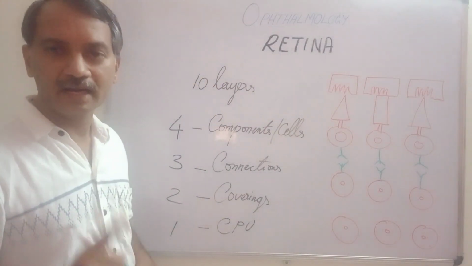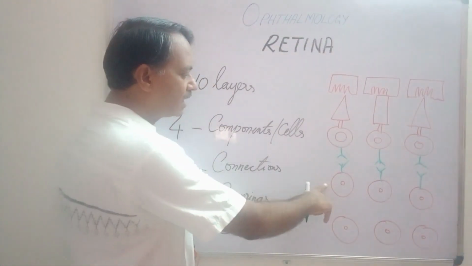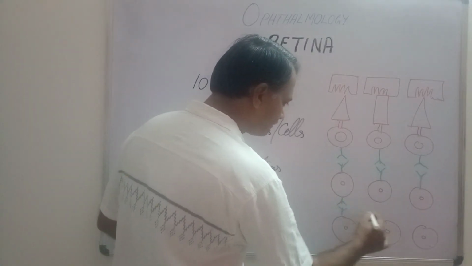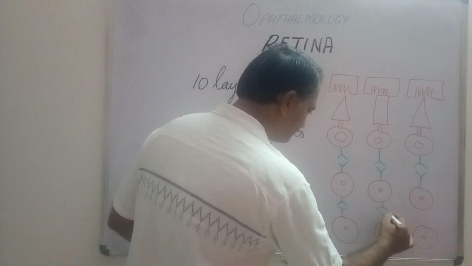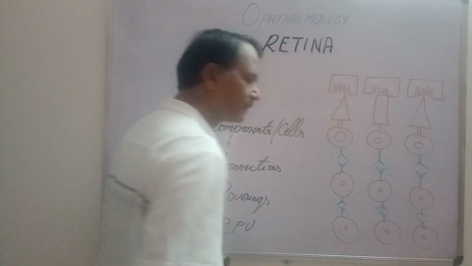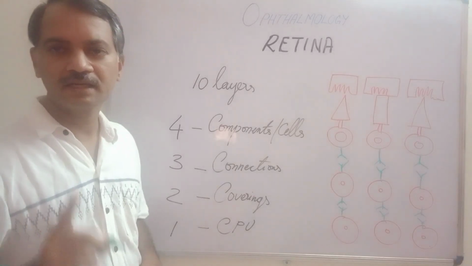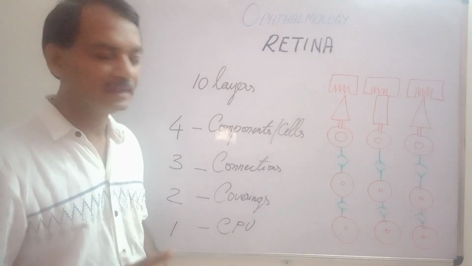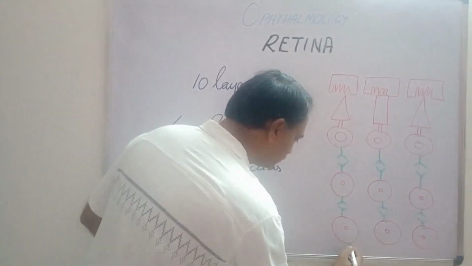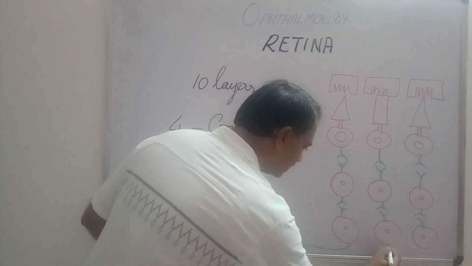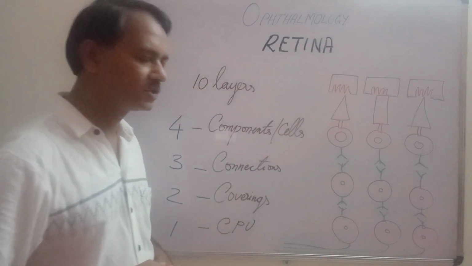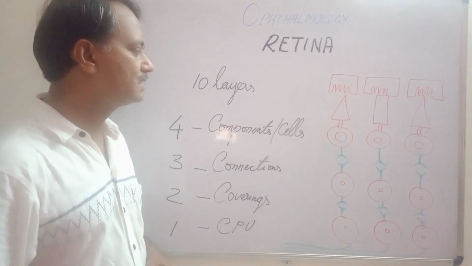Other is the connection between the bipolar cells and the ganglion cells. The third connection is the connection between the ganglion cells and the brain. So I am going to take these fibers from the ganglion cells like this. So there are 3 connections.